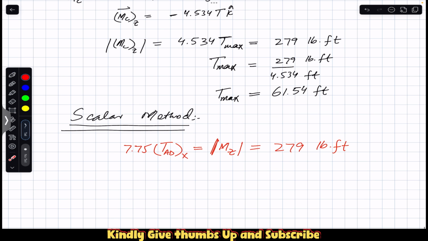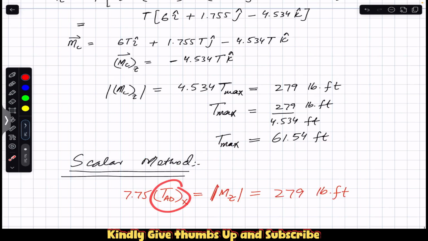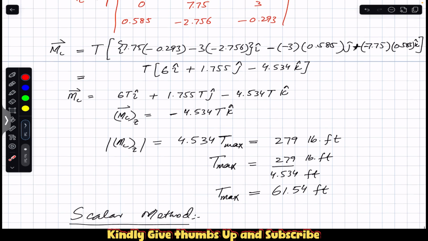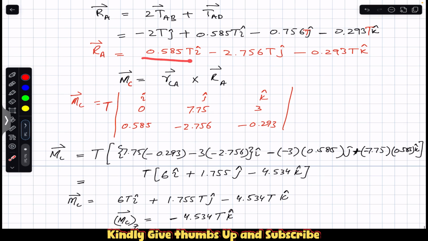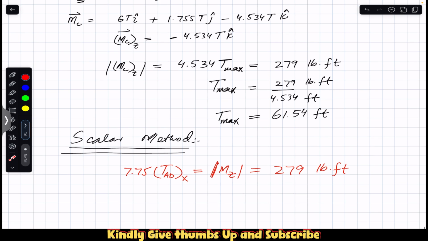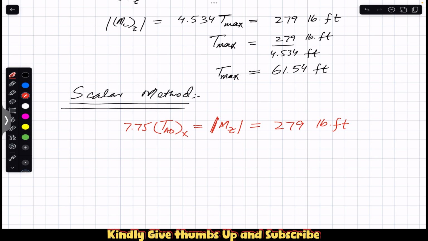Remember that this 7.75 is in feet as well. We know the T_ADx magnitude is 0.585 T. So we can write this equation as 7.75 times 0.585 T equals 279 pound-feet.